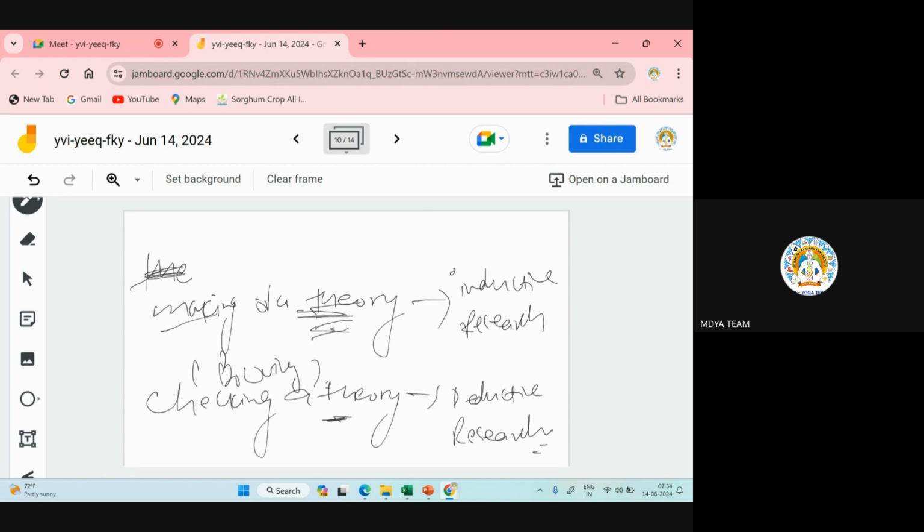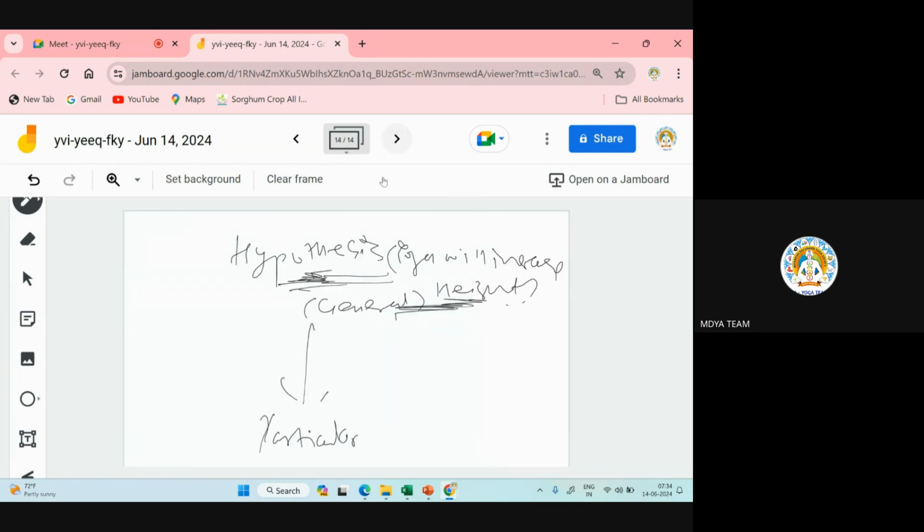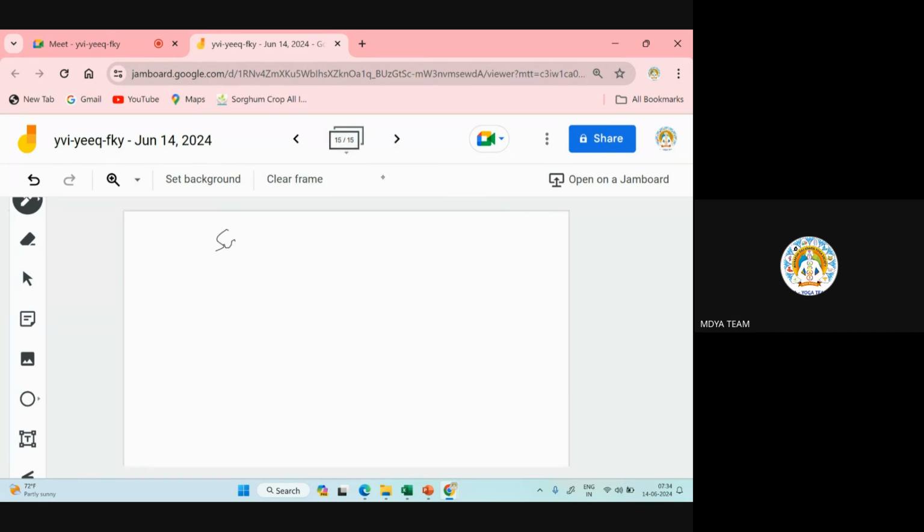For example, just one more example: superstitions. Are superstitions inductive reasoning or deductive reasoning? Deductive, sir. Superstition that we are using nowadays, that is deductive reasoning, because we already believe some law, there is some general statement.